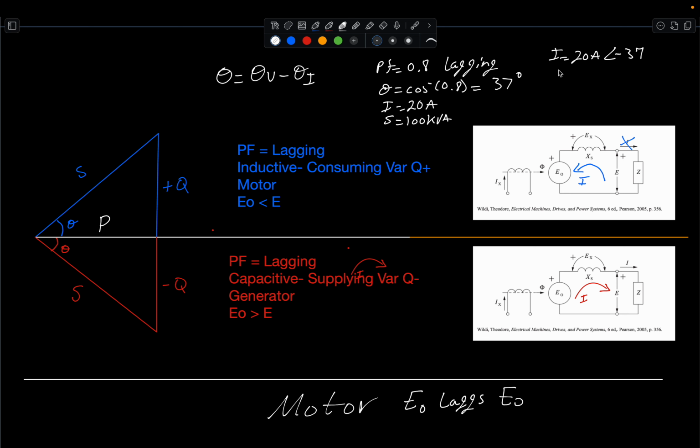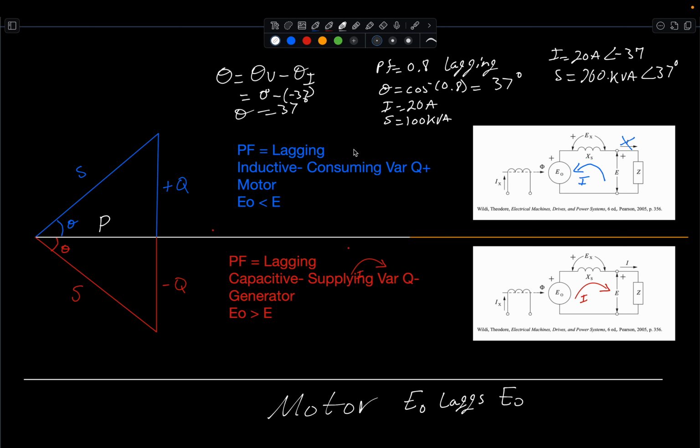All that it really means is that my S angle would be the angle of the voltage minus the angle of the current. So in this case, it would be 0 degrees minus negative 37. You can see that this comes out to be 37 degrees. So your S would be 100 kVA at angle 37.